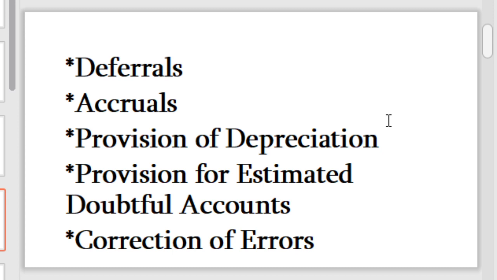Next is the provision for estimated doubtful accounts. So, ano ang ibig sabihin ng estimated doubtful accounts or other term nito, uncollectible accounts or bad debts. So, this account is para dun sa mga accounts receivable natin na possible hindi na natin mako-collect.